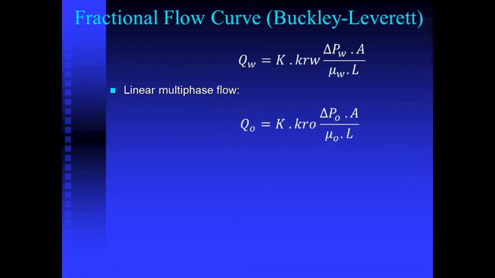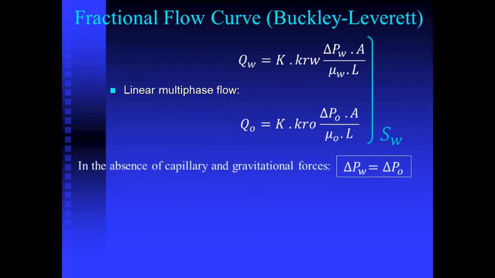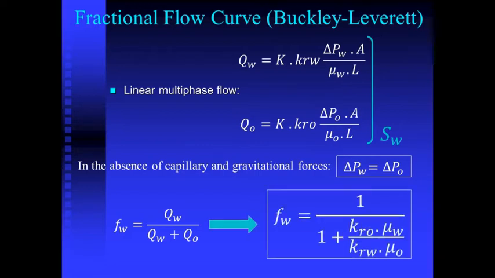So that, for a given water saturation the corrective terms of the equation adopt the form of a Rel Perm curve, that, in the absence of capillary and gravitational forces, that is, where we can ensure that the pressure difference to which the water phase is subjected is identical to that of the oil phase, allows the calculation of the fractional flow curve through a very simple expression that links not only that fractional flow curve with the Rel Perm curves but with the viscosity ratio of the fluids.